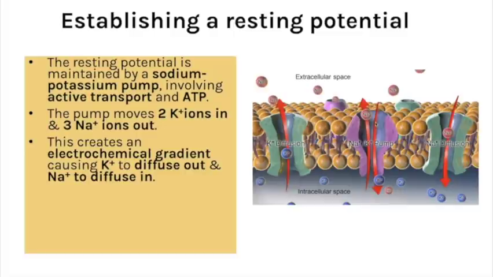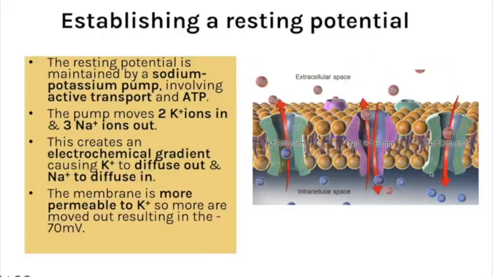This creates an electrochemical gradient, and therefore the potassium ions, because there's a higher concentration of them inside the cell, they will start to diffuse out of the cell. The sodium ions, there's a higher concentration outside, so they will start to diffuse into the cell.